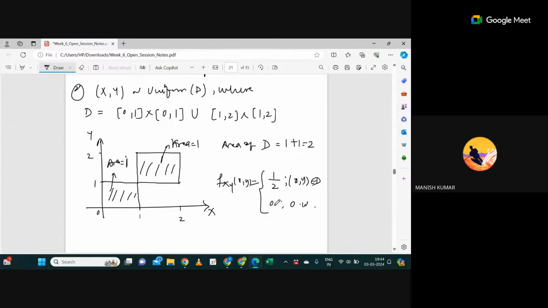It's not independent. Half is not equal to 1 by 4, it is giving, no? Yes, not independent.